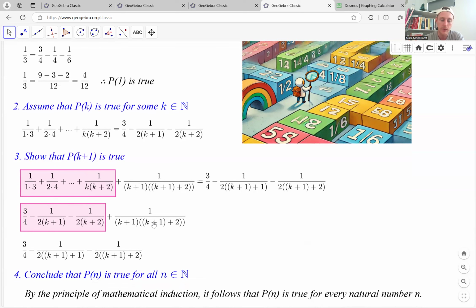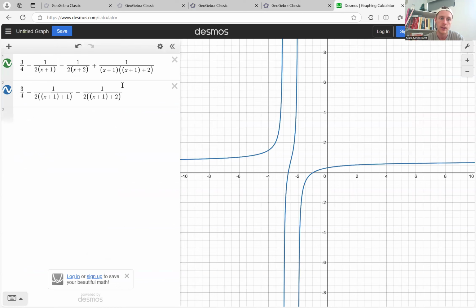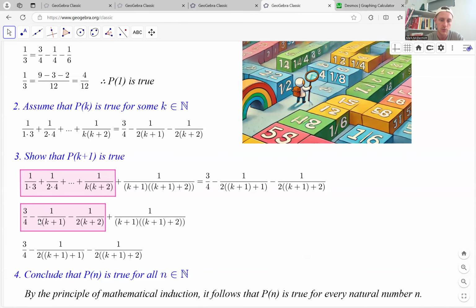This line, we just need to recognize is equal to the right-hand side. I encourage you to get a pen and paper out and show that this line equals the right-hand side. But if you just need to verify that something is true, you could do the fractions and collect like terms and common denominators and all that. Or you can just come over to Desmos, and you can see that this top line that we've got here is equal to this top line here.